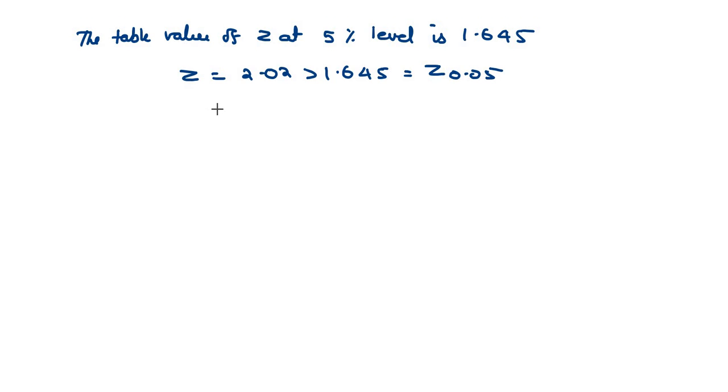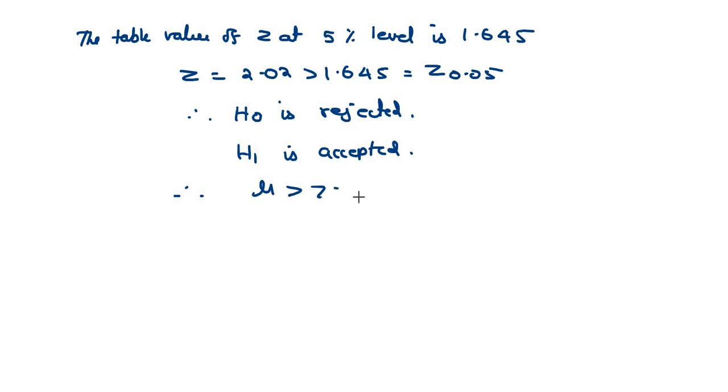Therefore, H naught is rejected. If H naught is rejected, then H1 is accepted. Therefore, mu is greater than 70. So what is the inference?